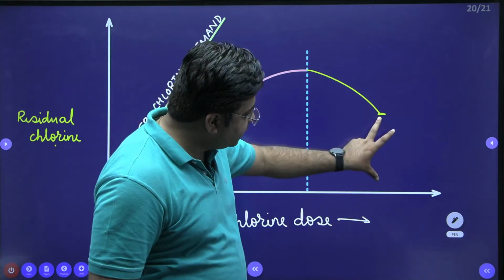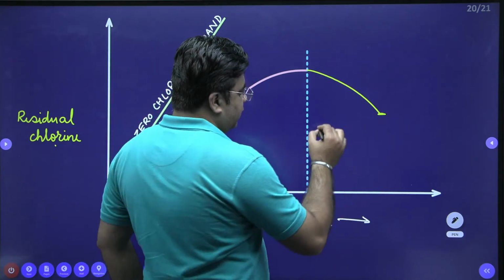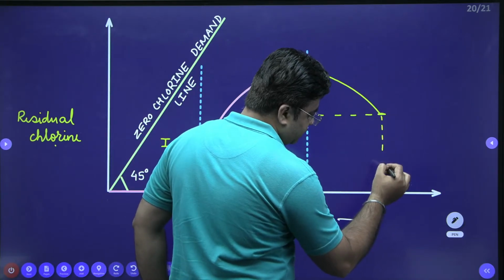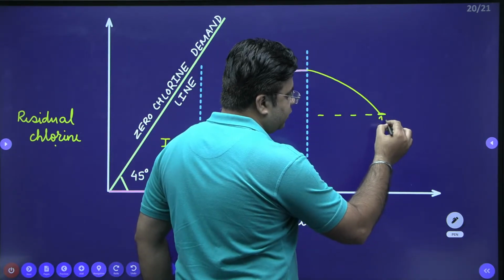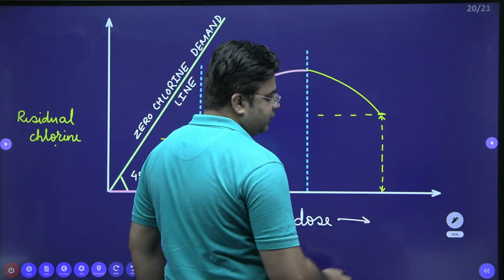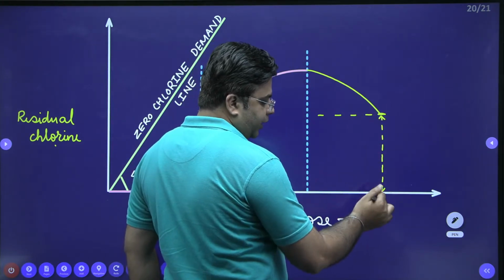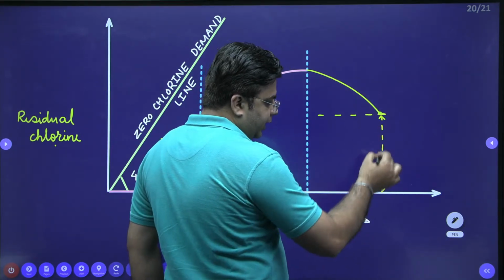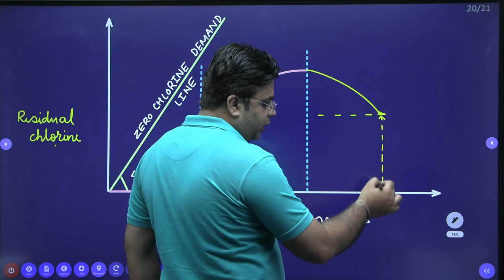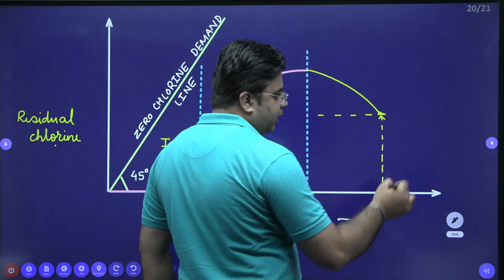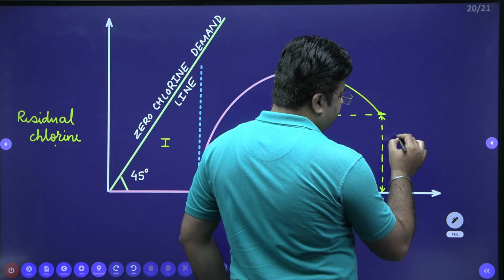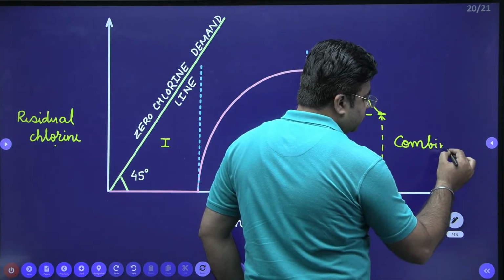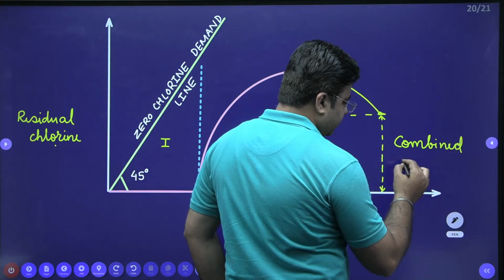Now, this much amount of chlorine is left in the system at this point. So, this point is known as the break point, and this much amount of residual chlorine which is left in the system is known as combined residue.